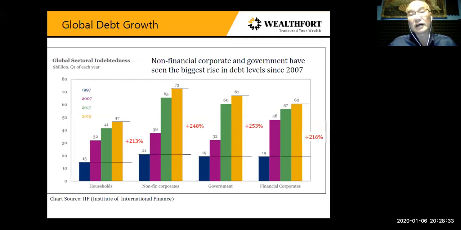Now, this is a very, very dim picture because it goes to show that government continues to borrow to stimulate the economy, corporates continue to borrow for business expansion, even households are borrowing to make purchases. And that is why a lot of economists are saying that in the near future, the debt can only go up and up.